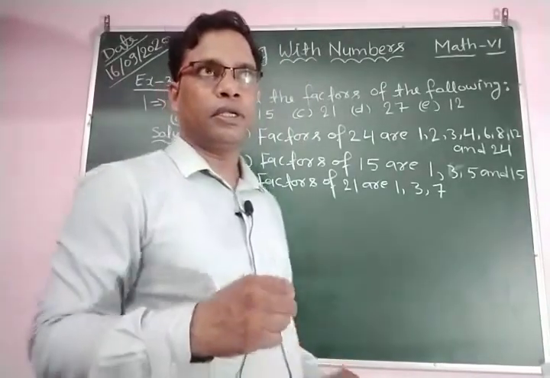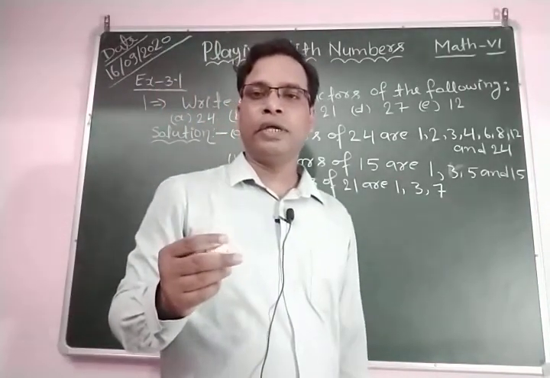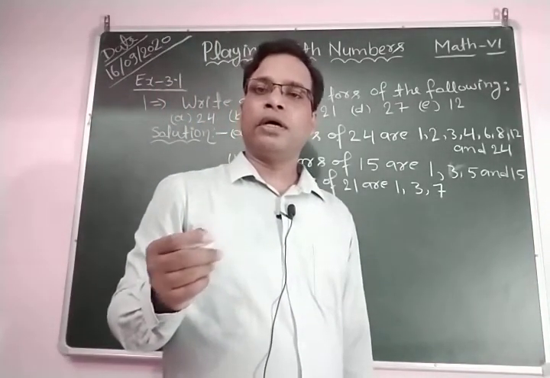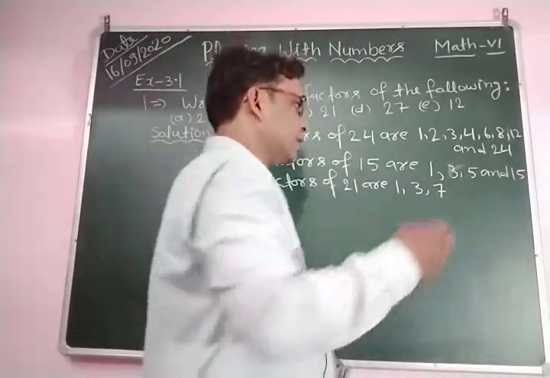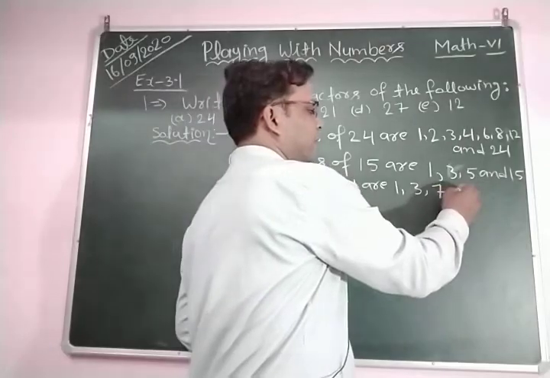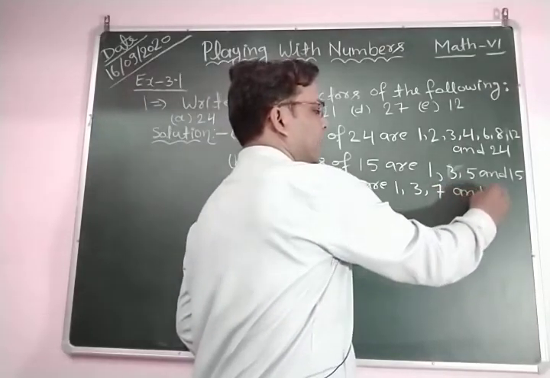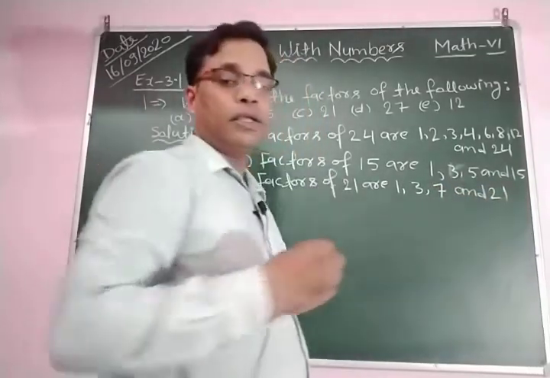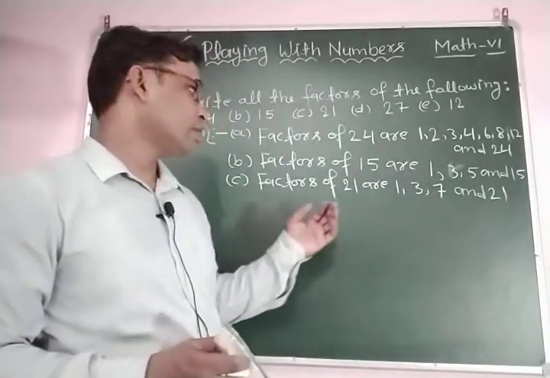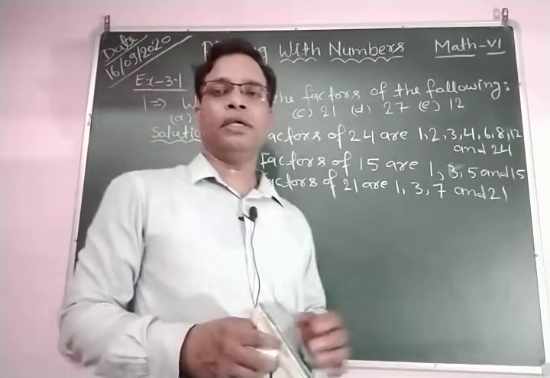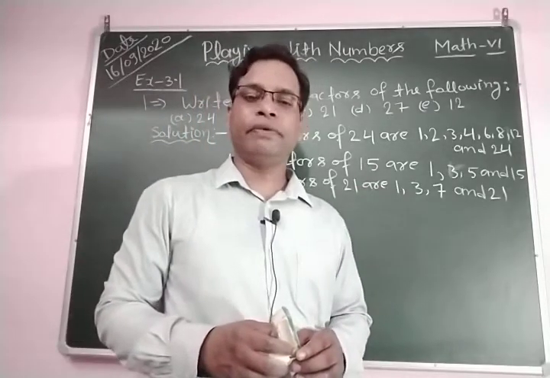After this, 8 no, 9 no, 10 no, 11, 12 no. 21 divides itself. So the factors of 21 are 1, 3, 7 and 21 itself.